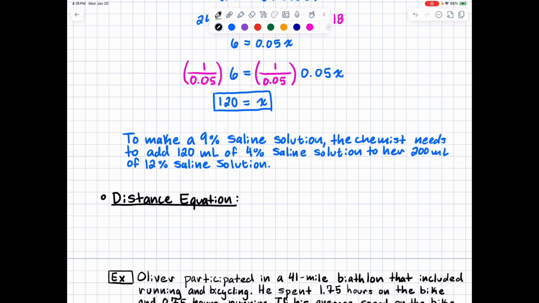So the distance equation is D equals RT, where D is distance, R is the rate or speed, and T is time.